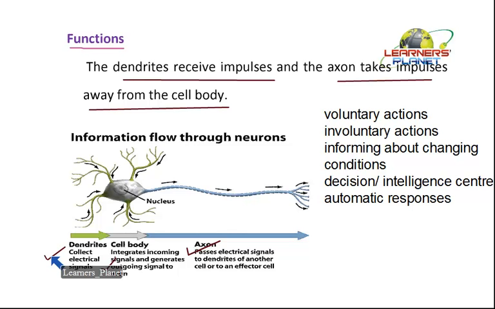Either you will shout, which is a natural response coming from you, or you will just pull your leg back, or take some action accordingly. That automatic response which is generated without thinking is also the function of your nervous system. So all these are the basic summary of the functions performed by the nervous system.